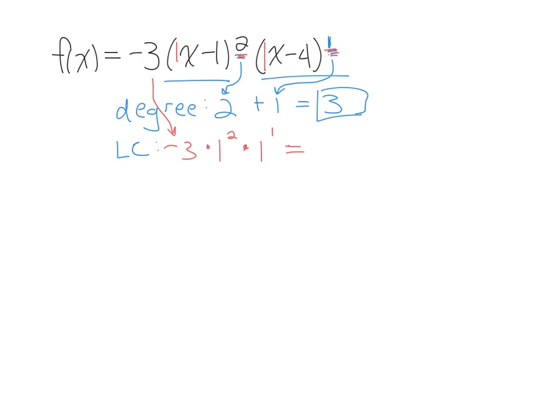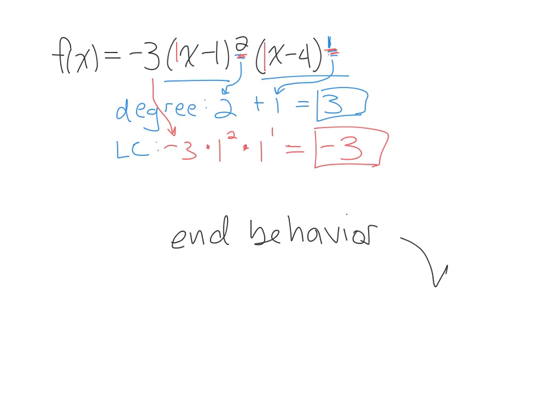And when you multiply all of this together, you get a leading coefficient of -3. Then using the leading coefficient test, you can tell that this function has an odd degree and a negative leading coefficient. So when we are looking at end behavior, that will fall to the right and rise to the left.